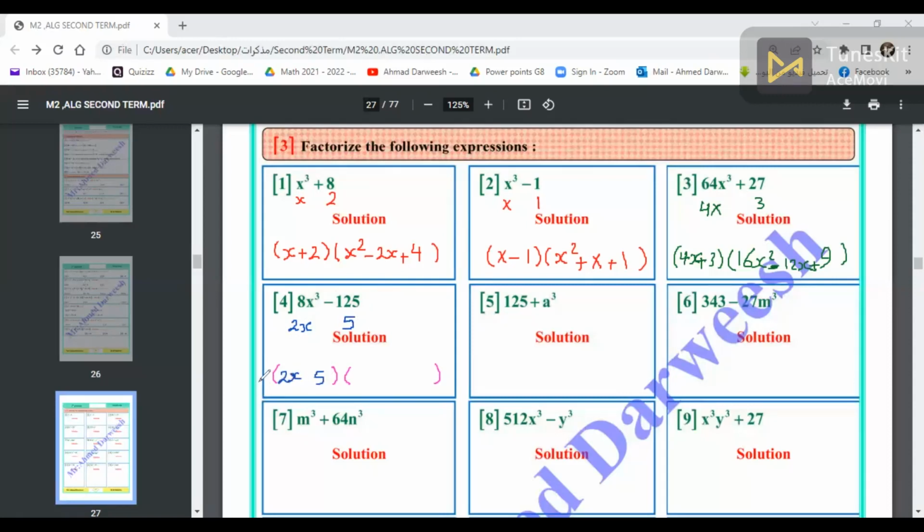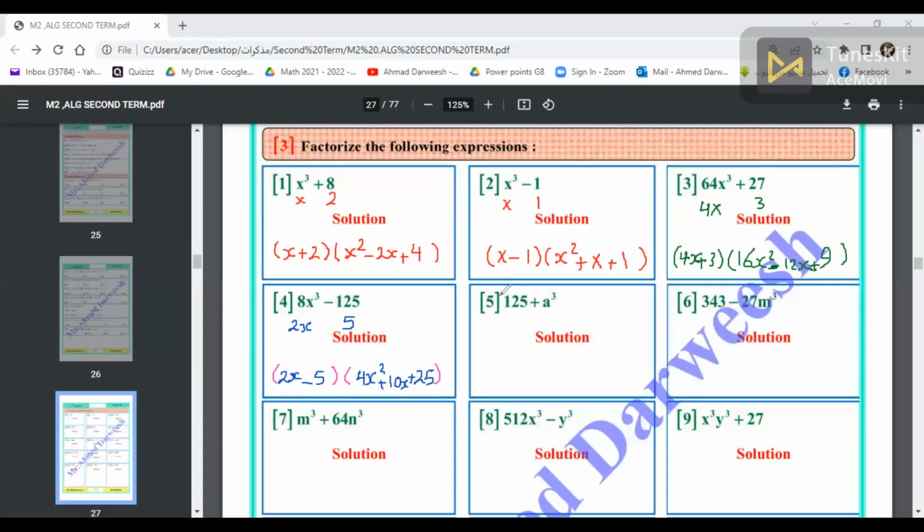So what is the next step? Yes, I can hear you. Well, good. Make it power 2. It's 4x squared. Then 5 squared is 25. Then multiply both of them. It's 10x. Good. Now the sign. Negative, so that would be the same, that's the opposite, and that's always positive. Good, well done.